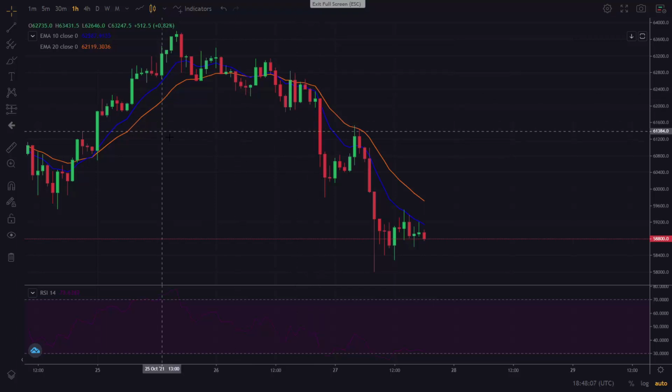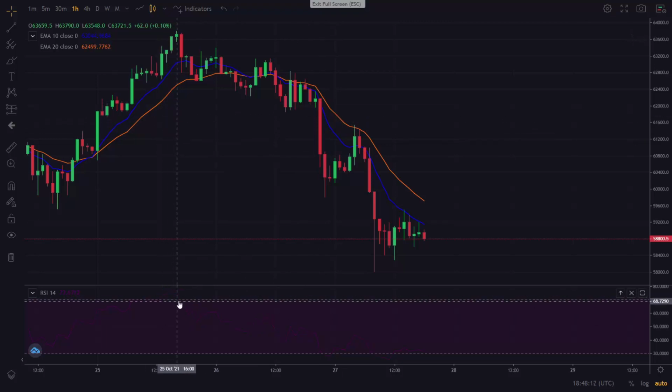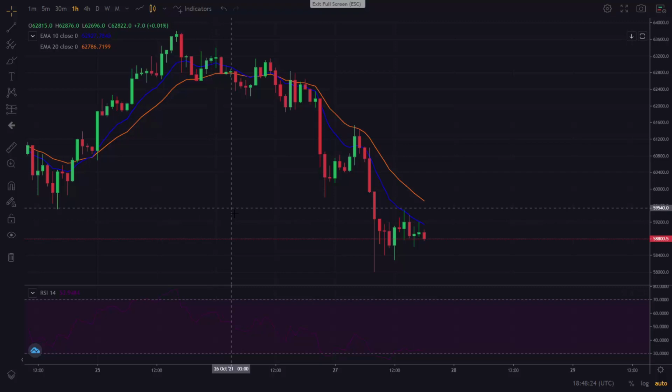If you're in a long trade and you get into an overbought scenario where the RSI is above 80, then you can close your trade. If you're in a short trade and you get into an oversold scenario where the RSI is below 20, then you can close your trade.